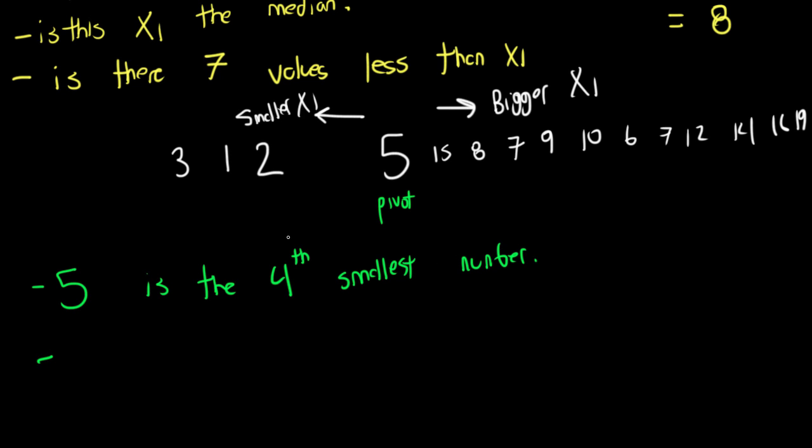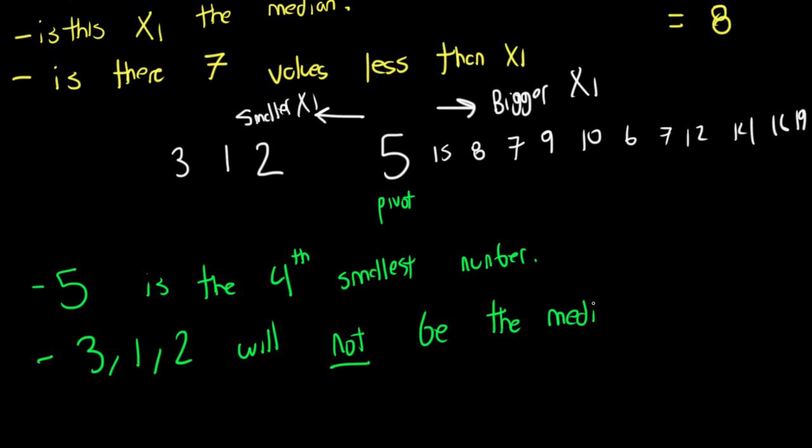We can also know that this fourth smallest number, we need 7 numbers to be smaller than the median, right? So there's 3 numbers that are smaller. So this automatically says that 3, 1, 2, the ones that are on the left side, will not be the median either, right? We need that 7 number.